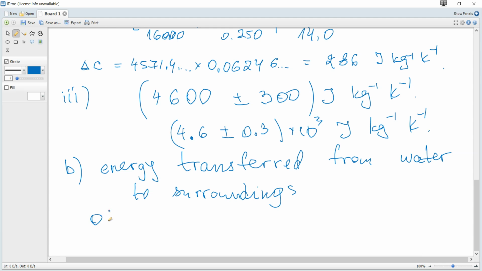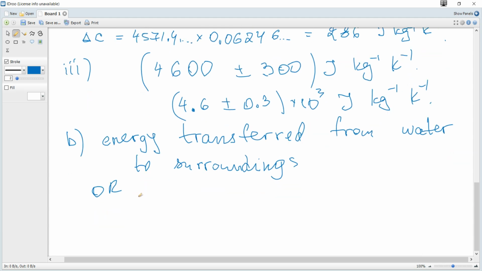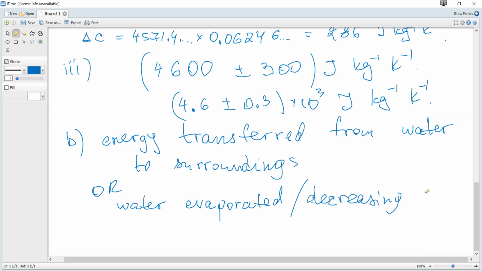Or water evaporates, which is the same as decreasing the mass of water.